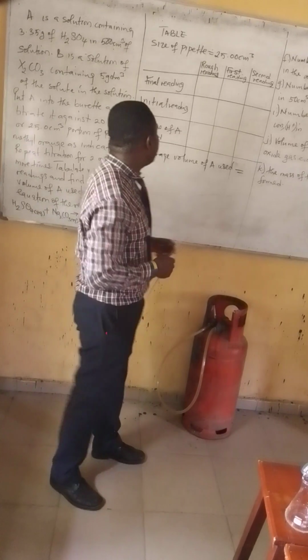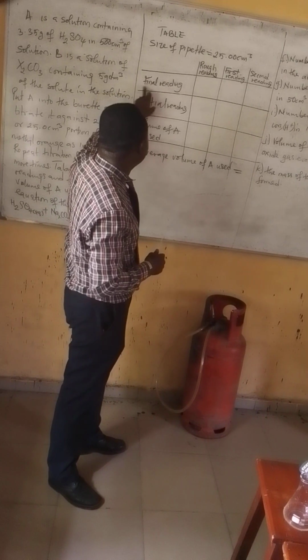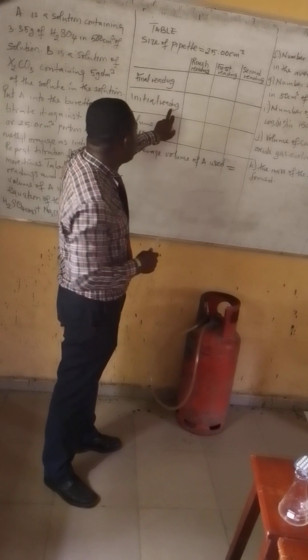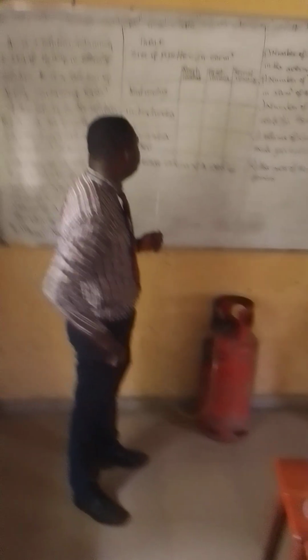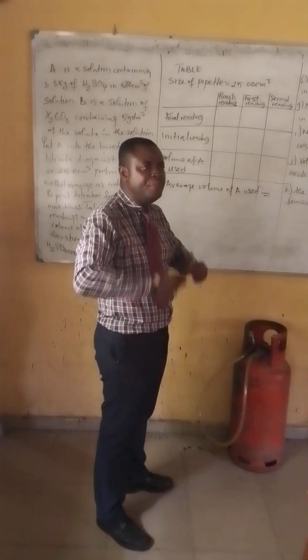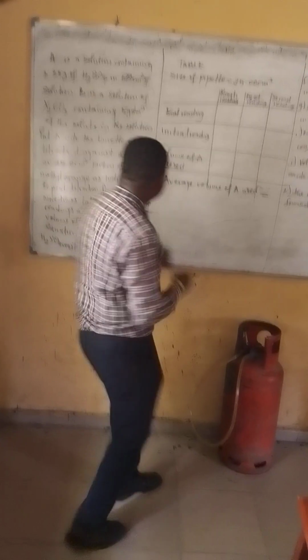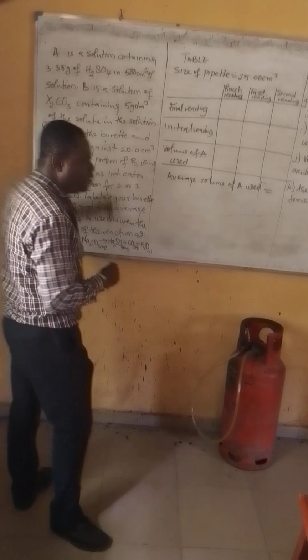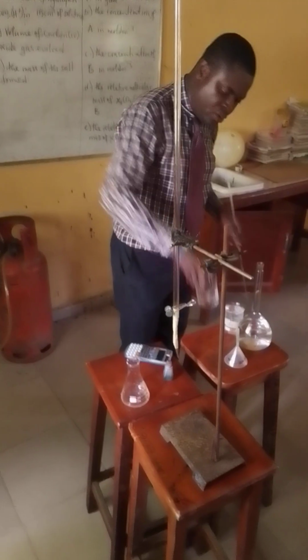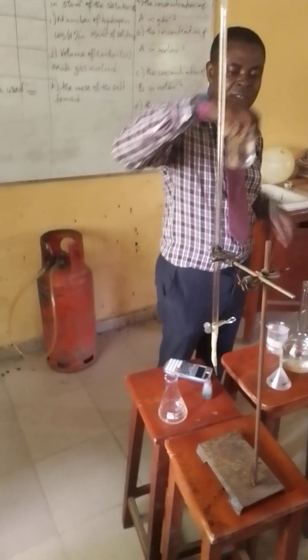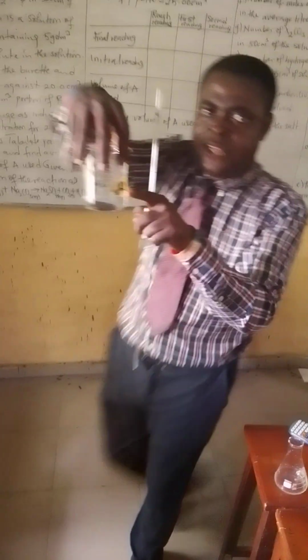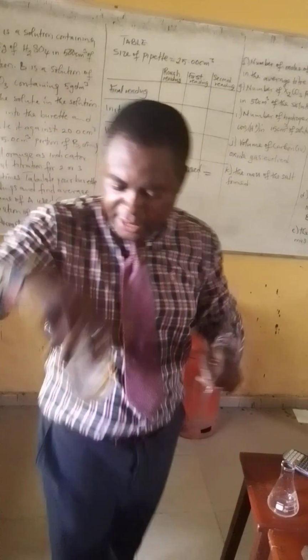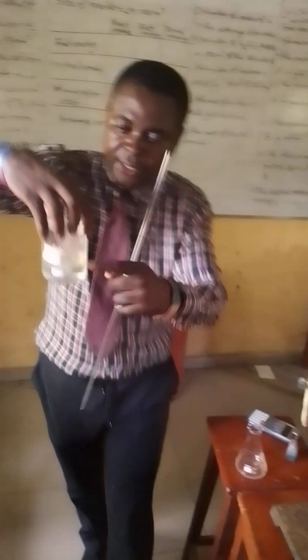cm3. Then in your table you have your final reading and your initial reading. Initial means at the beginning. The instruction says put A into the burette. On the day of the exam, you will be given 2 beakers. One will be labeled A like this, and the other will be labeled B like this.